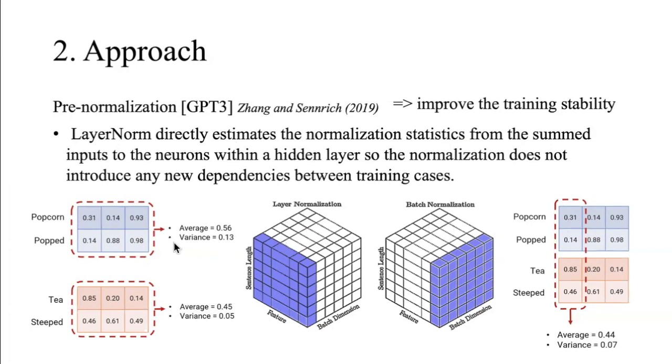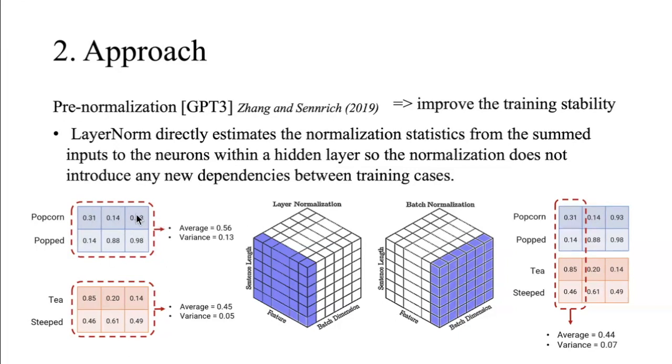It's easier to understand with an example. Say you have a batch of training samples of 2 sentences, like popcorn popped or tea steeped.